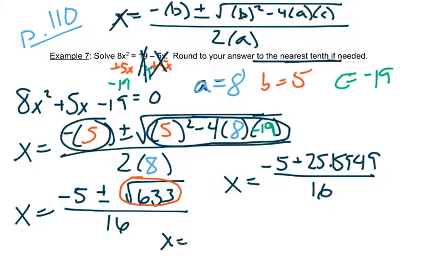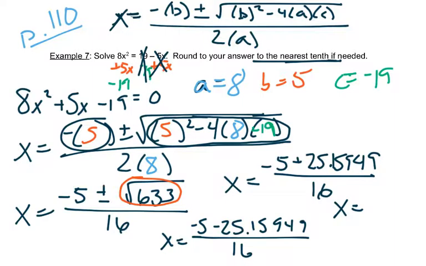And we'll also have negative 5 minus 25.15949 over 16. So let's do that top one. We'll do negative 5 plus 25.15949 equals. And then we'll divide by 16 equals. And we get x is equal to 1.25.